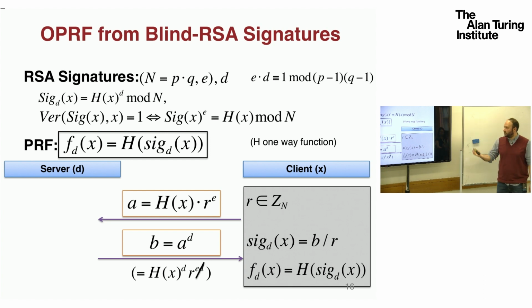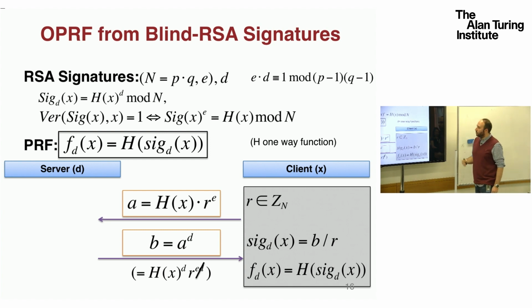RSA is a digital signature algorithm where you sign a message x by hashing it first with a specific hash function, and exponentiating to the power of d, which is a private exponent, mod n. You can verify the signature by exponentiating the signature to the power e, which is the public exponent, and checking whether that equals the hash of the message on which the signature was allegedly generated.